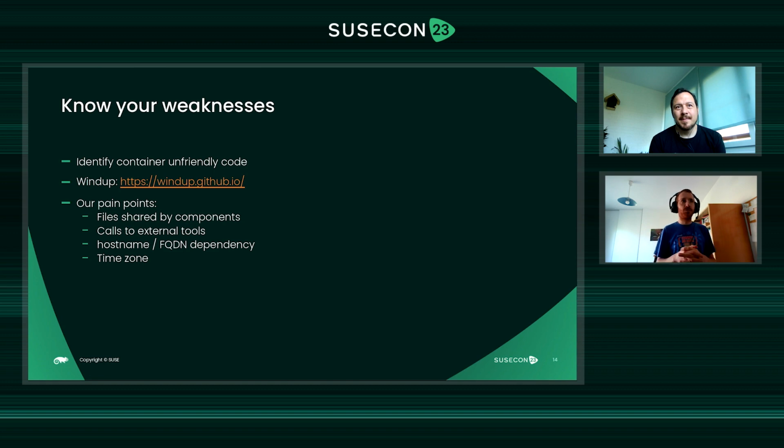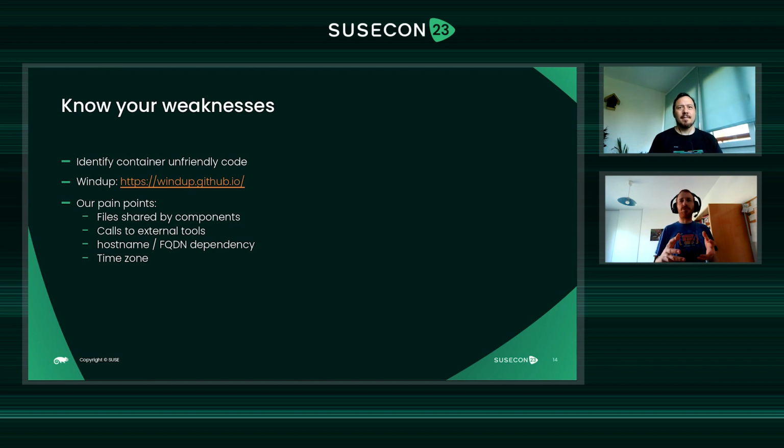For this, we ran Windup, which is a tool that you can run on a Java application source code, and it will help you find out the code that is not container ready. So there are some things like hard coded URLs and files exchanges, system calls, and things like that.